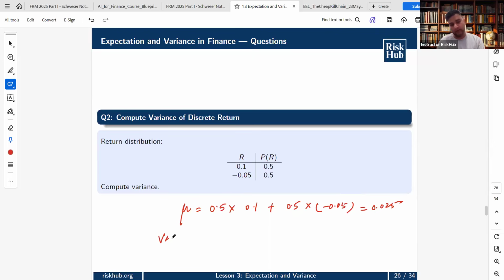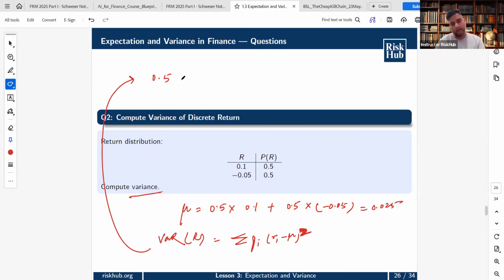Variance: the question asks to compute variance. We have to find the variance of R, which is equal to the summation of pi into (ri minus mu) squared, right? This is mu squared. Now if you have to solve this, what is happening here?